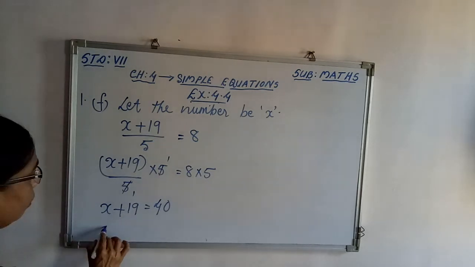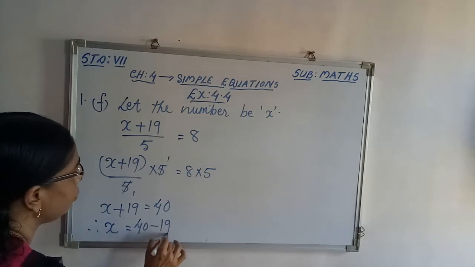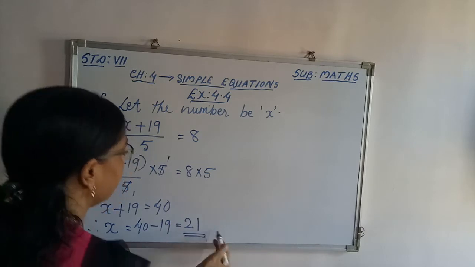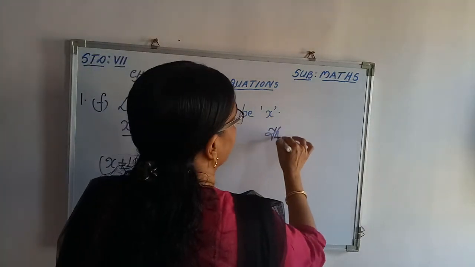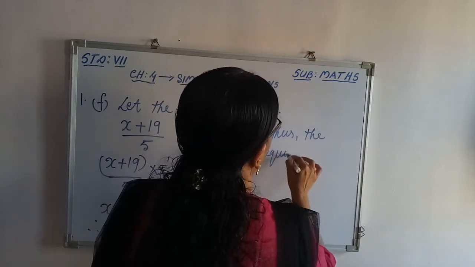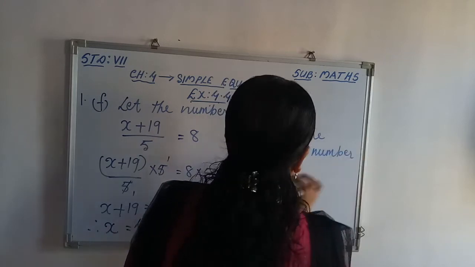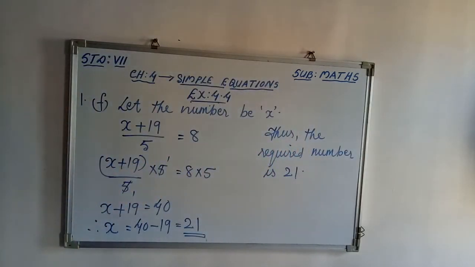Transposing 19, x is equal to 40 minus 19, that's equal to 21. So what's the question? You have to find out the number. Thus, the required number is 21. Is that clear?